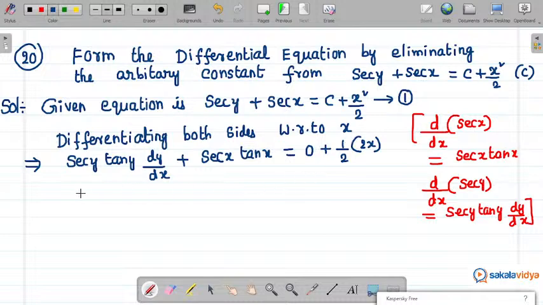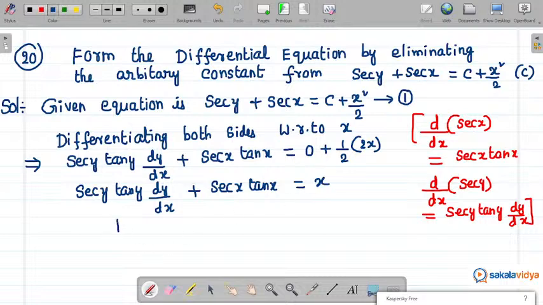So then we can have secant y tan y dy by dx plus secant x tan x equals 0 plus, the 2 gets cancelled, we have x. So this is the required differential equation.